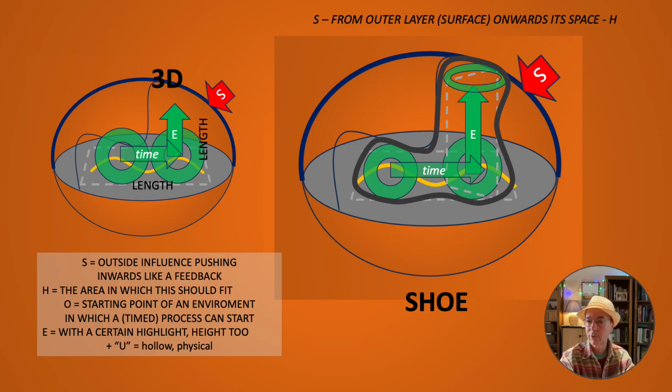It's from this outer layer onwards, S, in H, an area in which it can live. That's what it literally says, H. I have O, this environmental space in which something can happen, and E with a highlight that you can have in there as well. In this case, it's only a surface.